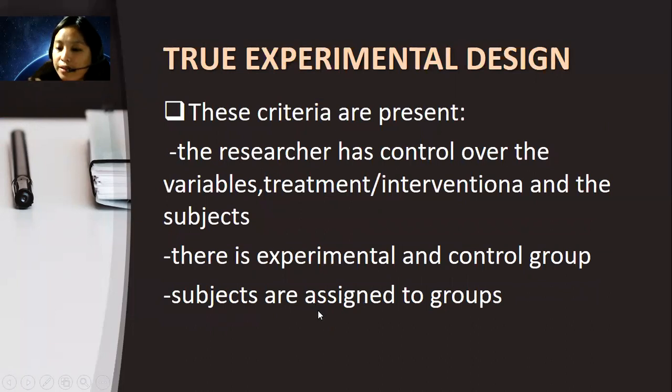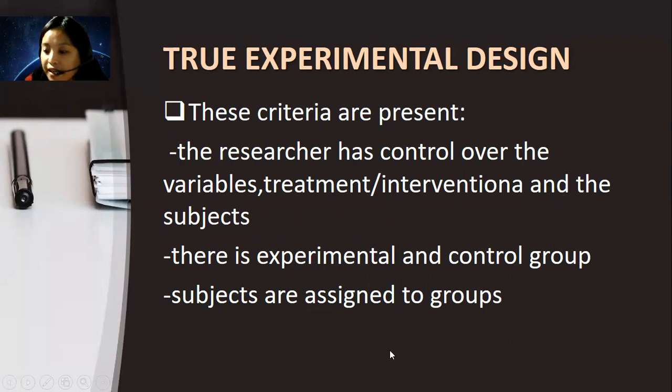In true experimental designs, these criteria are present: the researcher has control over the variable, the treatment, intervention, and the subject. So there is an experimental and a control group.